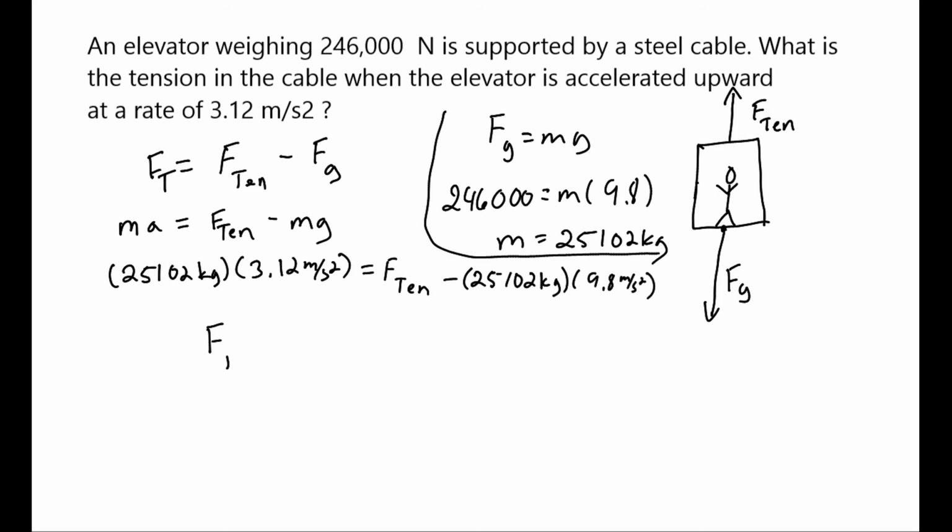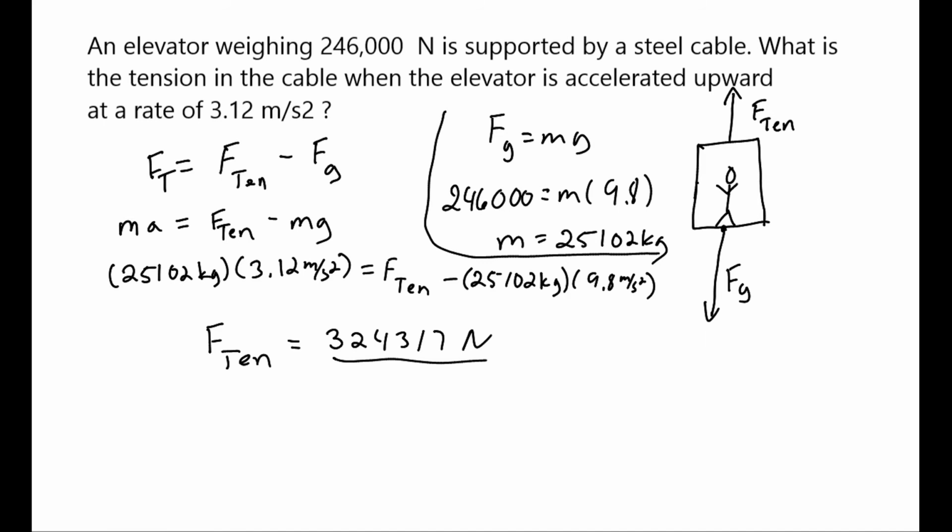And we solve for F tension, what do we get? 324317 newtons. So that's the tension in the rope. So that's how hard the rope is pulling up.